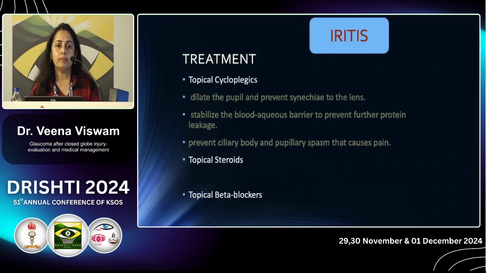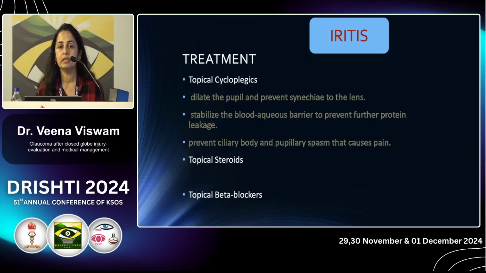Then in a mild iritis case, how do you usually treat? Topical cycloplegics keep the pupil dilated, prevent synechiae formation, stabilize the blood-aqueous barrier and prevent further protein leakage, and they prevent the ciliary body and pupillary spasm that cause pain. Topical steroids are usually given according to the grade of uveitis.